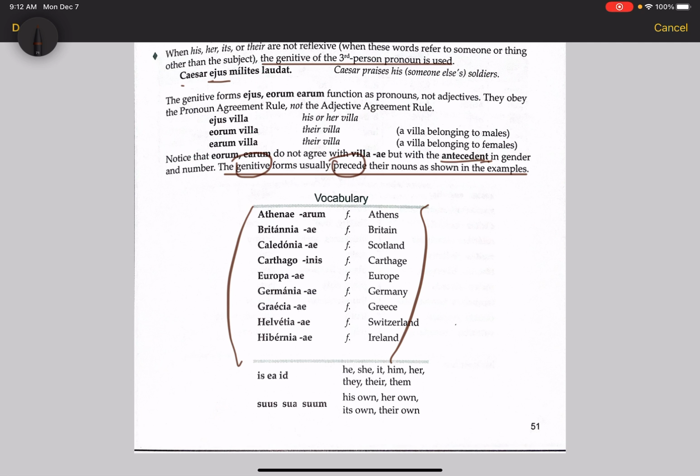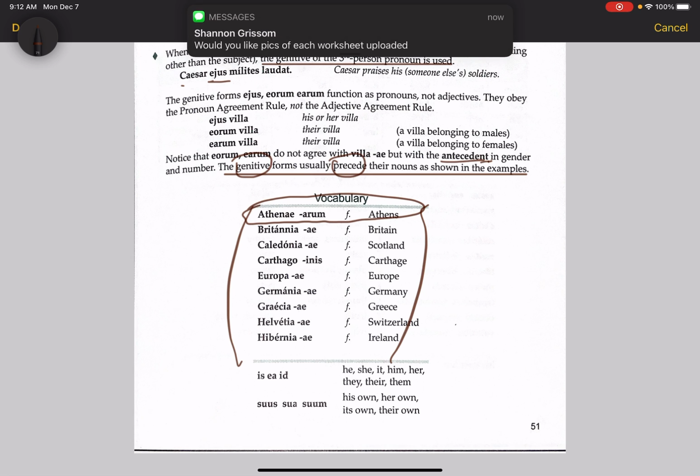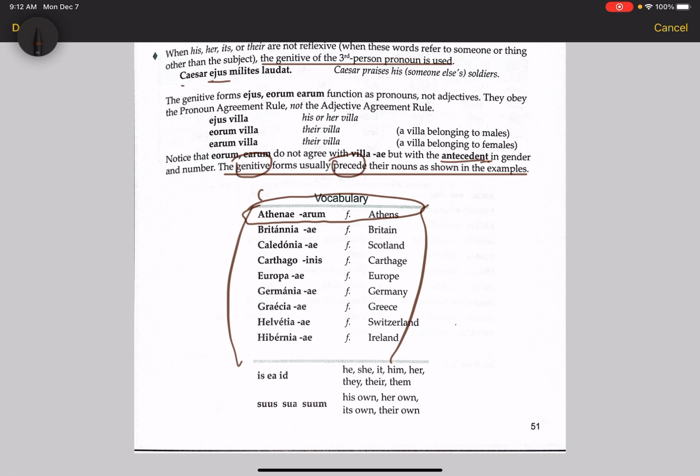These are fairly easy to memorize, but one that trips people up is Athenae. Athenae looks like it's plural because it goes Athenae, Athenarum, Athenis, Athenas, and Athenis. Okay? But it's only plural in form, not in meaning.